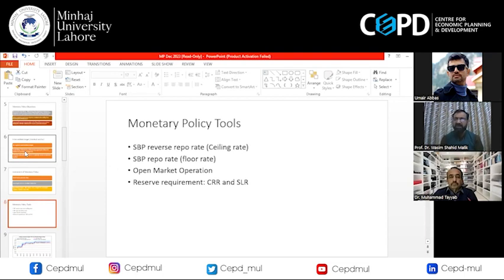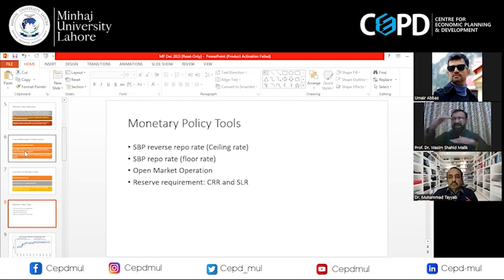In every monetary policy committee meeting, the policy rate is decided, which is the target for the overnight money market rate. With the announcement of the policy rate, there are two other announcements as well, the ceiling rate and the floor rate.